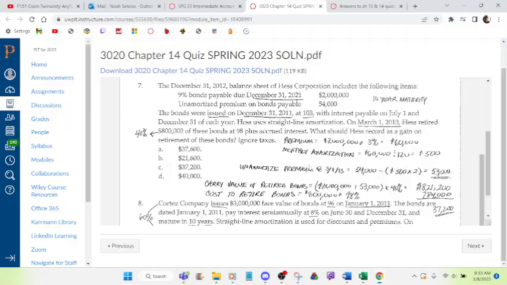So yeah, unfortunately, I'm going to have to look at this now. Premium equals this. Monthly amortization is 500. Got that right. Unamortized premium.